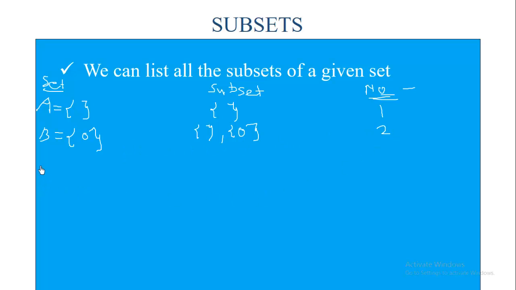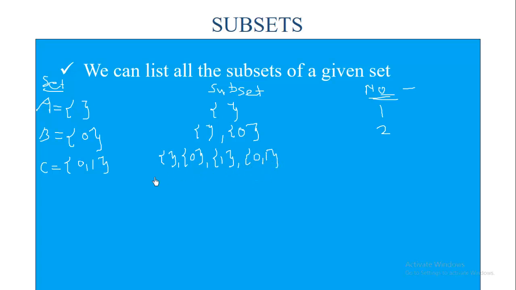Then also we have another set, say set C is equal to, let's say, 0, 1. If we want to list all the subsets, we will have the null set, then the set with only 0 as an element, then the set with only 1 as an element, then the set with both 0 and 1 as elements.